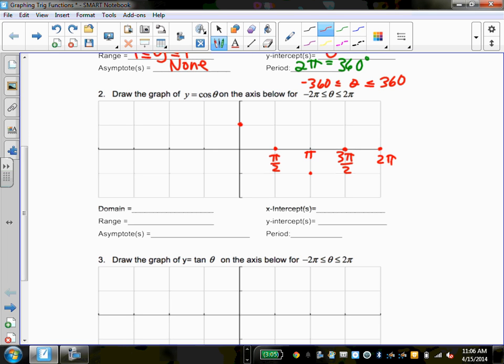Remember, that's just 360 degrees. And again, the pattern keeps repeating. We draw on our smooth curve. And there's our cosine curve.